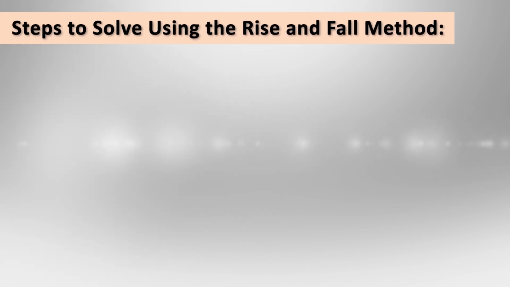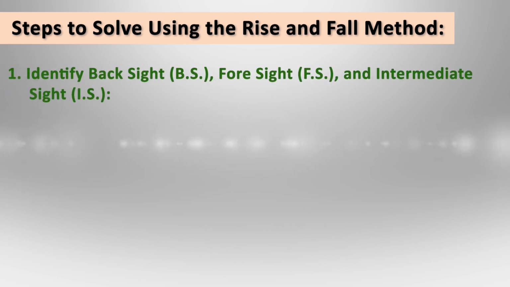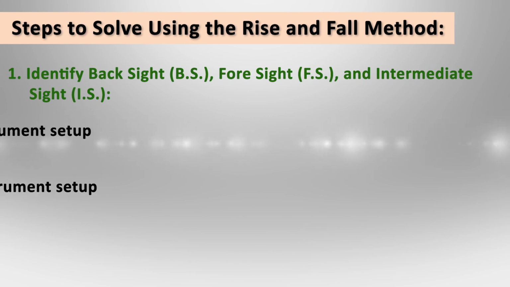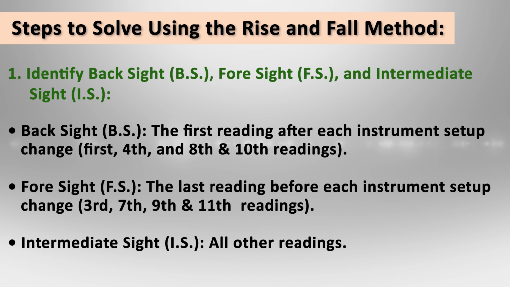So, we will solve this question first by the rise and fall method. The steps involved using the rise and fall method would be, firstly, we will identify the backsight, foresight and intermediate sight. The backsight is the first reading after each instrument setup change.